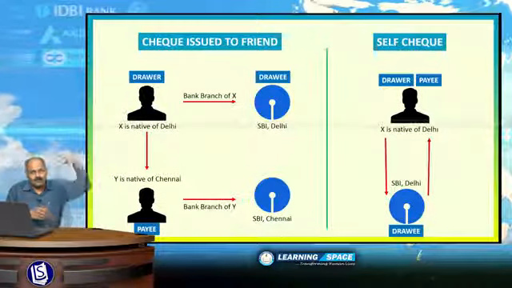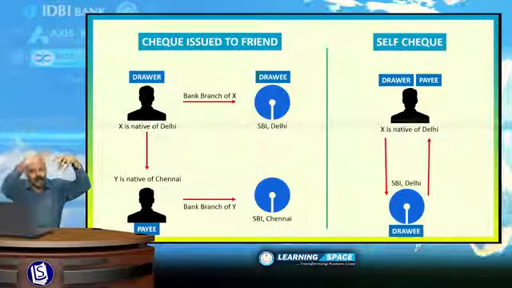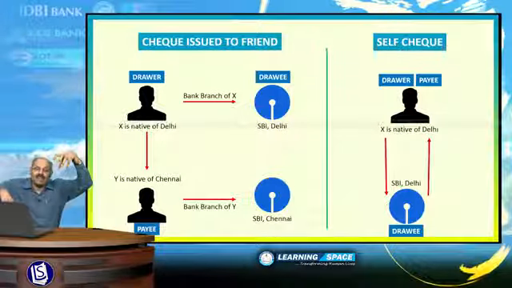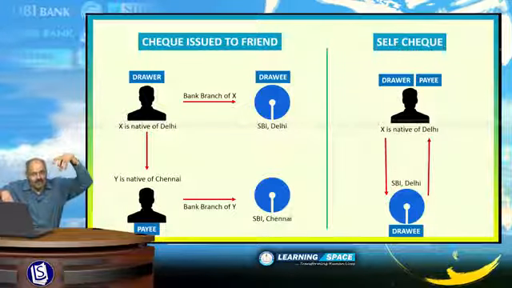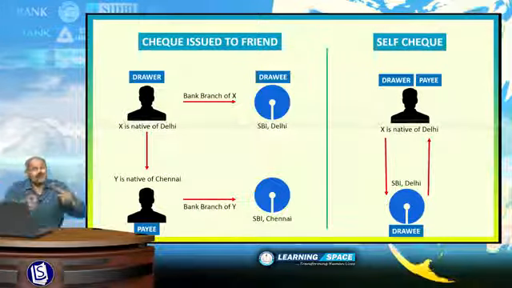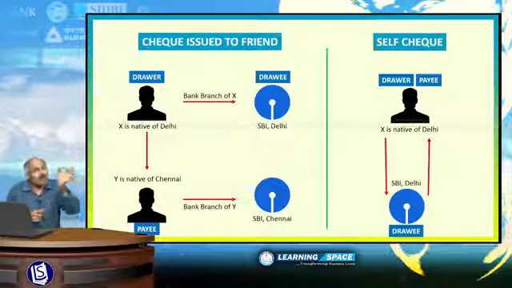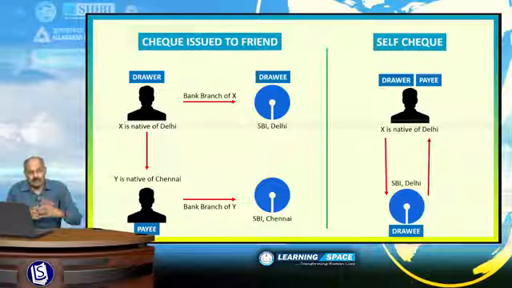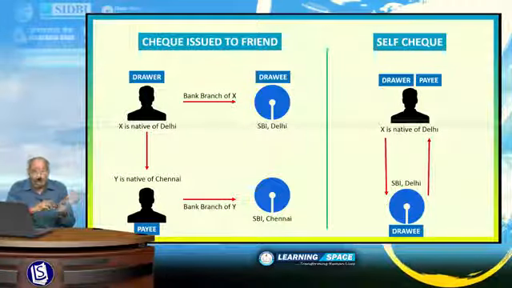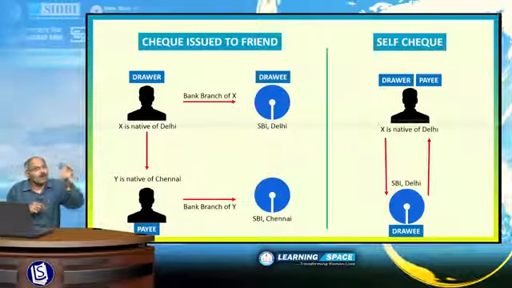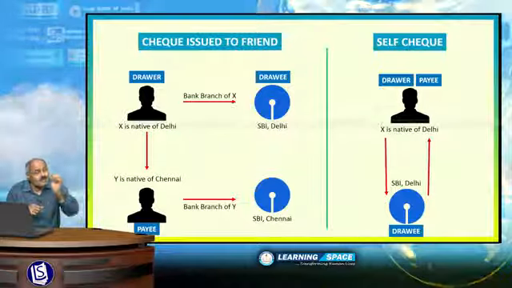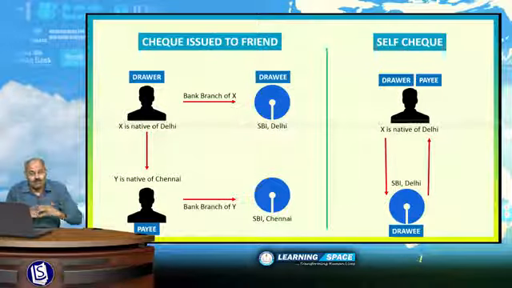When the check is given by X to Y, Y will present the check in his branch at Chennai. Here, the drawer or maker of the check is X. Whoever is giving the check is the drawer or maker of the check. And the drawer's branch is the drawee branch.